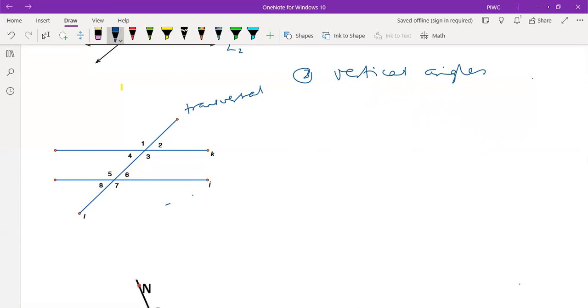Anytime you have two lines that intersect, you form vertical angles. So the angle here is the same as the angle on the opposite side. When we take our diagram, it means that angle 1 and angle 3 are directly opposite to each other at the point of intersection. So those are vertical angles.